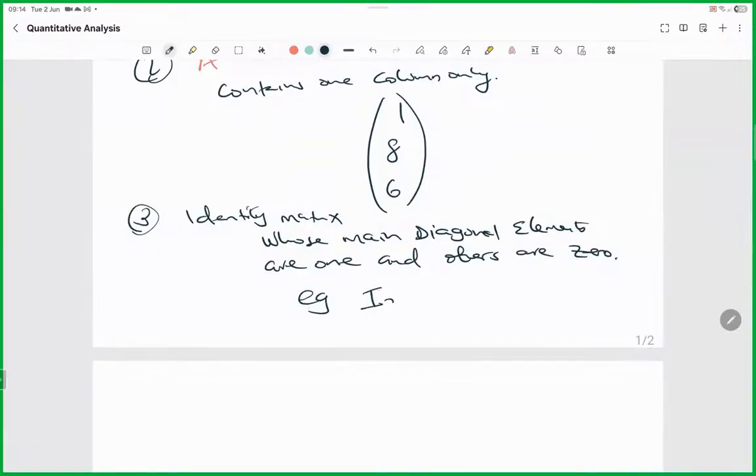For example, a 2 by 2 identity will be 1, 0, 0, 1. You can see the main diagonal of this one has 1, 1, and all the others are 0.